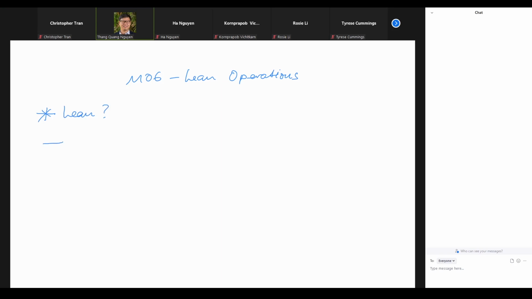It means that we have to identify and eliminate waste from our process, from our system, from our company. Okay, so I encourage you to review the example of Louis Vuitton.